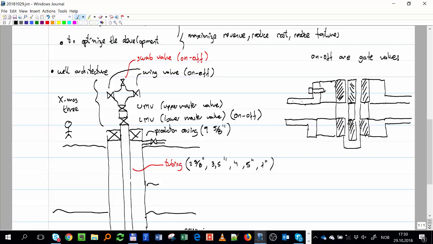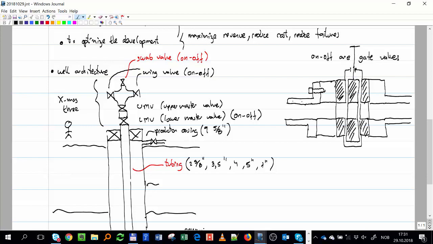The space is not that much. That's a very bad drawing, let me make it a bit thicker. And I have here a mechanism to pull it up and down, which usually has to rotate several times, like a screw.